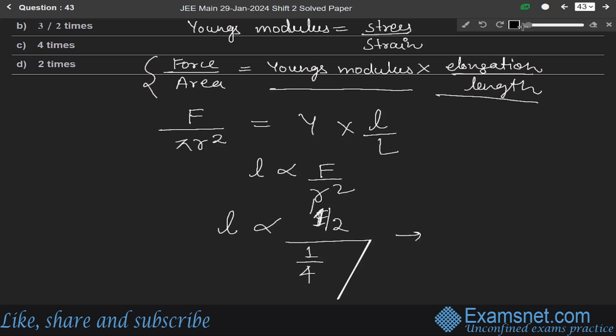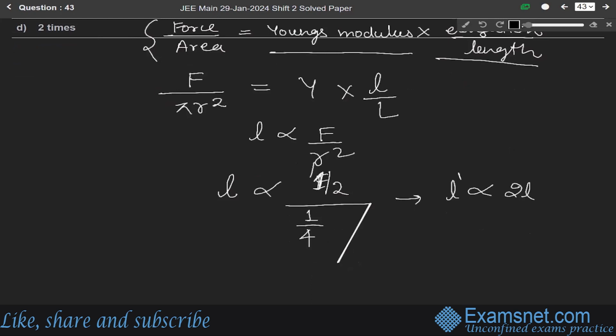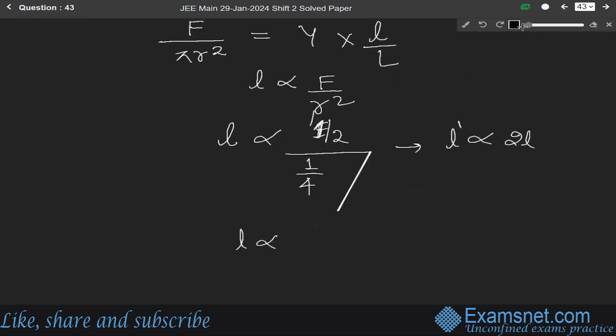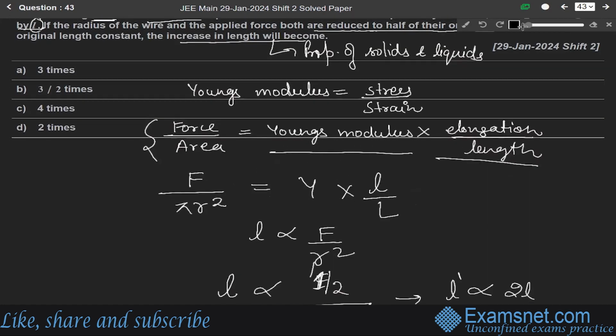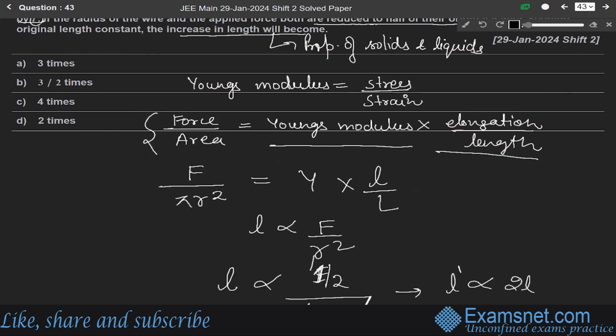This implies that l dash, the new increase in length, is directly proportional to 1 by 2 into 4, that is 2l. So l dash will become twice the original increase in length. The increase in the length will be 2 times. Okay. So our correct option is option D.